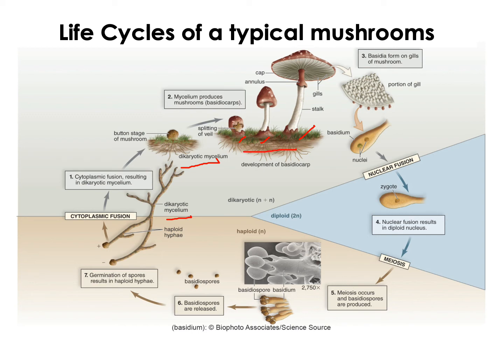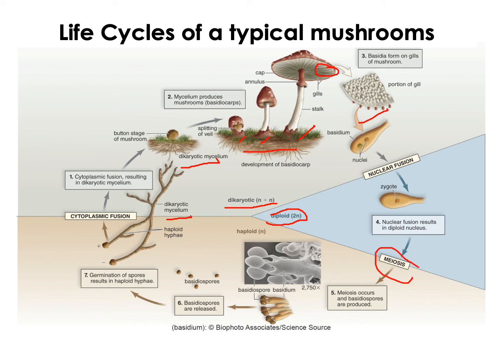So the basidia form on the gills of the mushroom, which is this portion of the gills. Okay, so these are the dikaryotic phase. So the nuclei will fuse and then they will go into the diploid stage, which is the 2N. So nuclear fusion results in a diploid nucleus. Then they will go through meiosis.